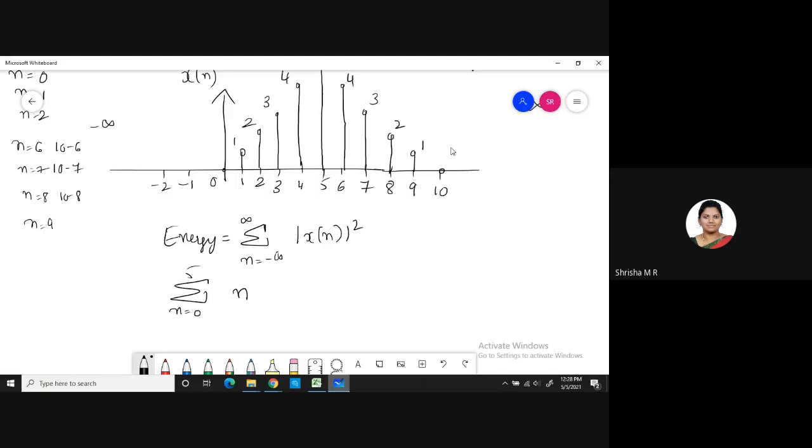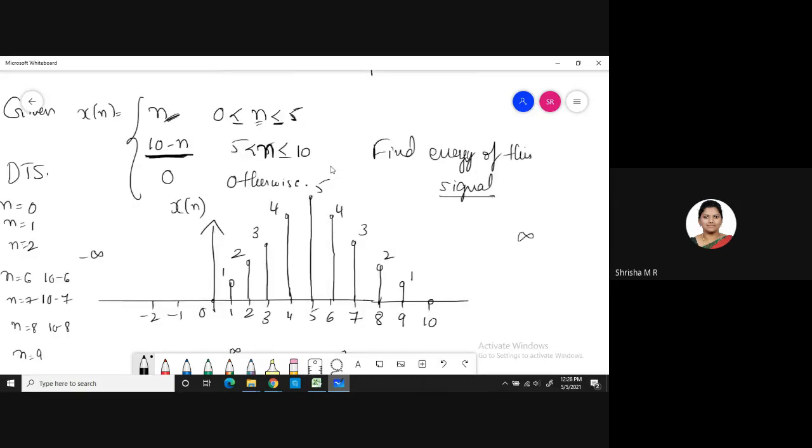So x of n square we have in the energy equation, so we'll do n square, plus, from n is equal to 6 to 10, the equation of x of n is 10 minus n. That is given in the question itself, right? So that is how we have defined this signal, right? From 0 to 5, the equation is n. From greater than 5 to 10, it is 10 minus n.